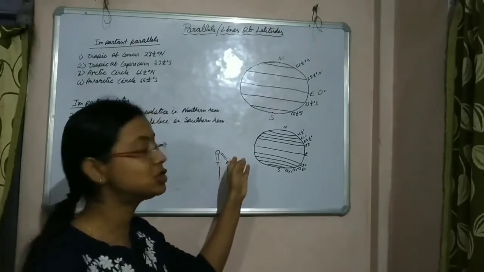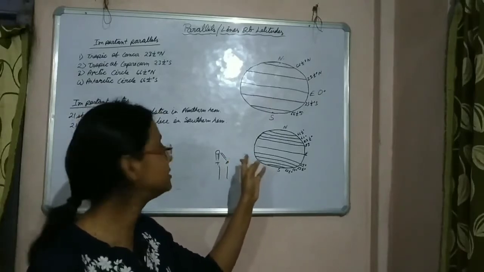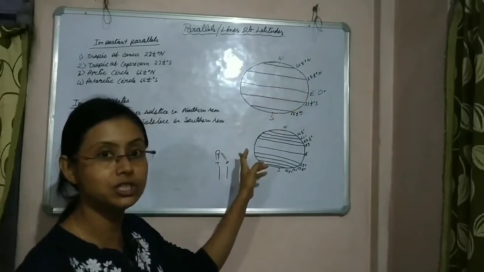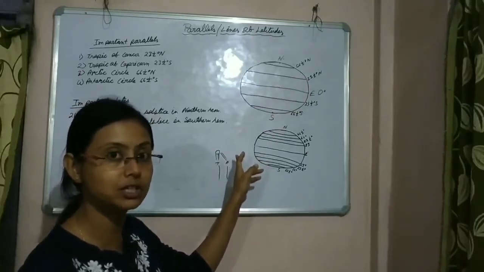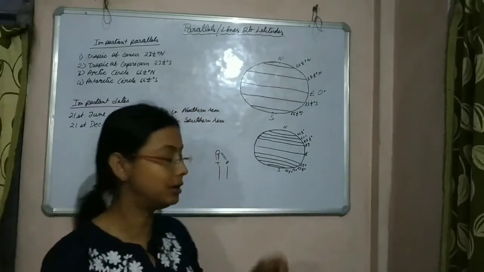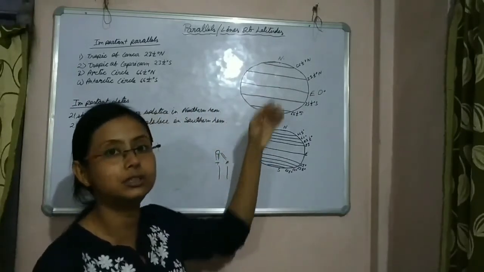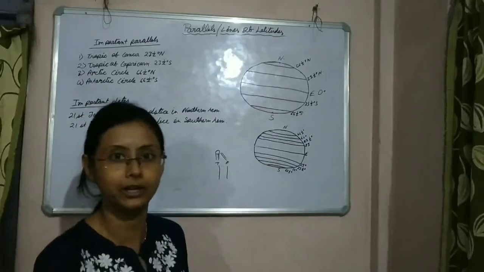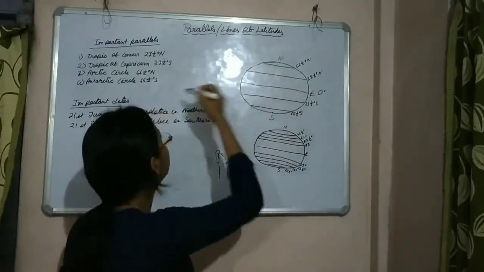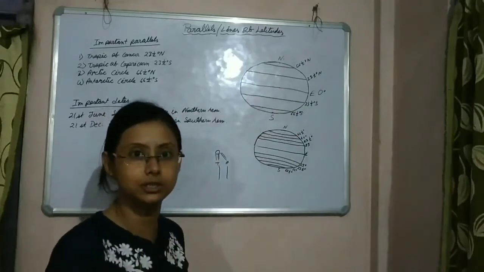But it is the highest position of the sun for this point. After this position, the sun does not cross this point on this part of the northern hemisphere on 21st June, which is called the summer solstice.